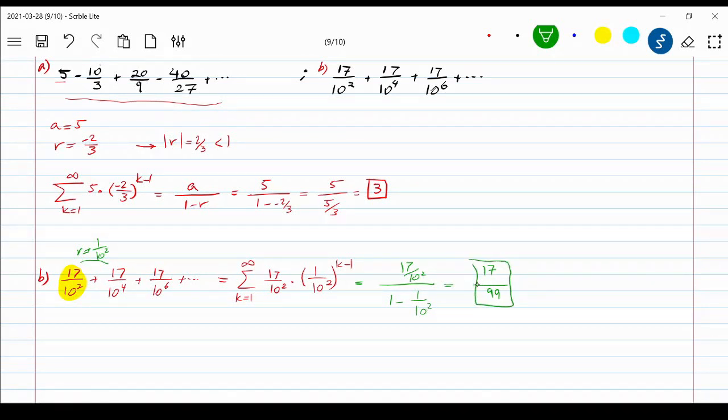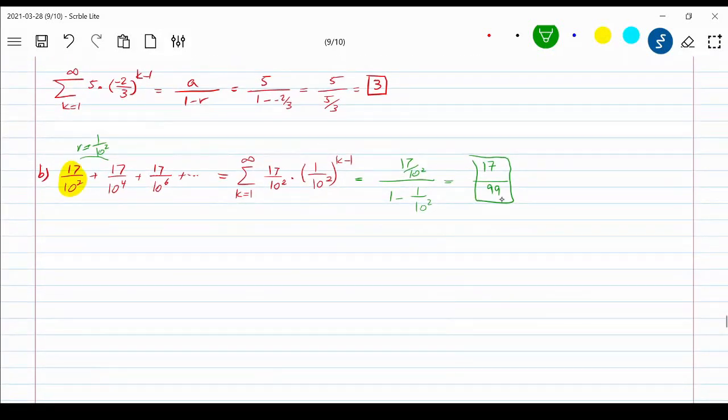So this tells you actually something else too. I wanted to mention it. That's why I wrote this example. If you think about this, what you have is the first number is 0.17. The second number is 0.0017. The third number is 0.000017, and so on. So what you get basically is 0.171717, and so on, or you can write it as 0.17 repeating itself.